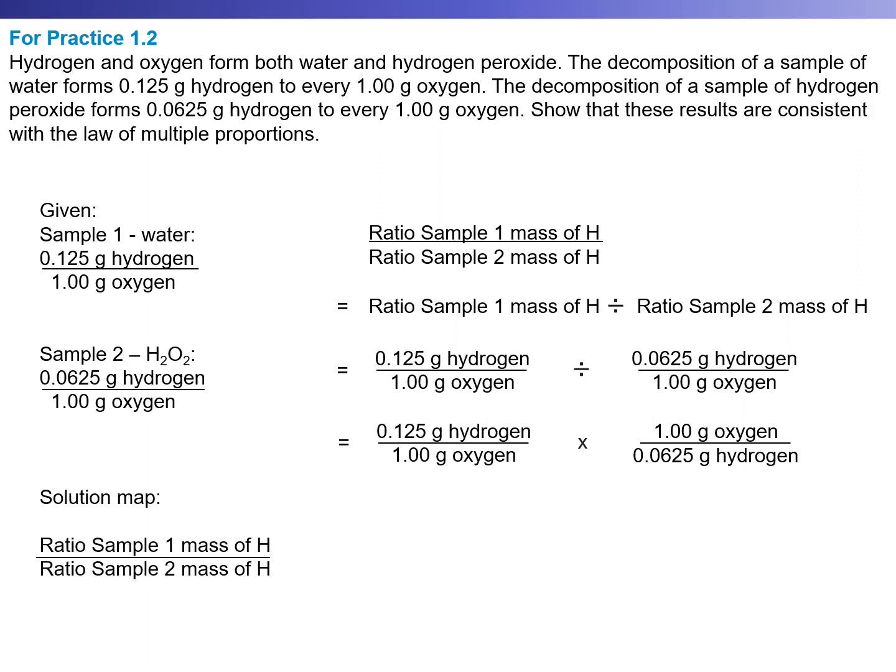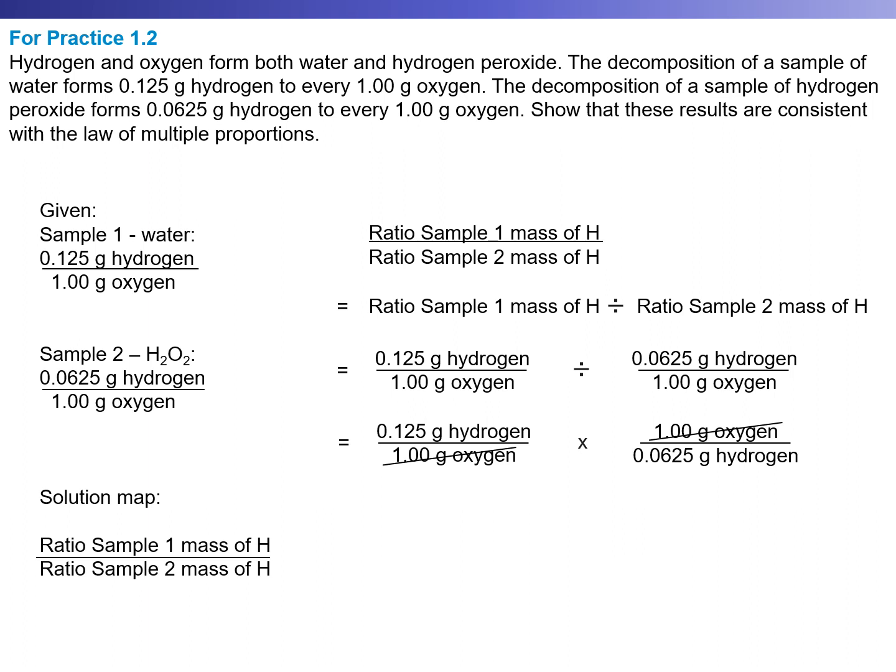And when it comes to multiplying fractions, when you have a term on the top and the same term on the bottom of the other fraction, you can cancel those two out. So we have 1 gram of oxygen in the denominator of the first term and 1 gram of oxygen in the numerator of the second. So we can cross those out, which means we've just simplified this whole equation.